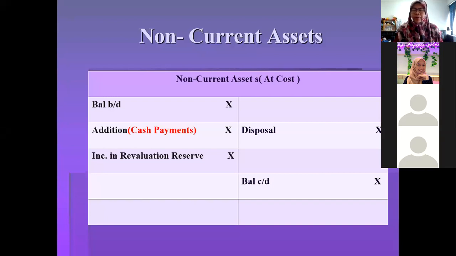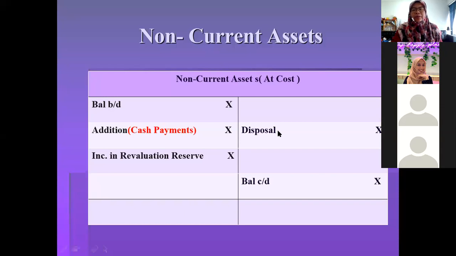So you can refer to page 291. Open page 291. So you can see equipment. So you write here lah, equipment. Balance BD last year berapa, balance CD this year berapa. And then disposal. Ni kalau siapa masih ingat lagi, accounting 1, depreciation chapter.